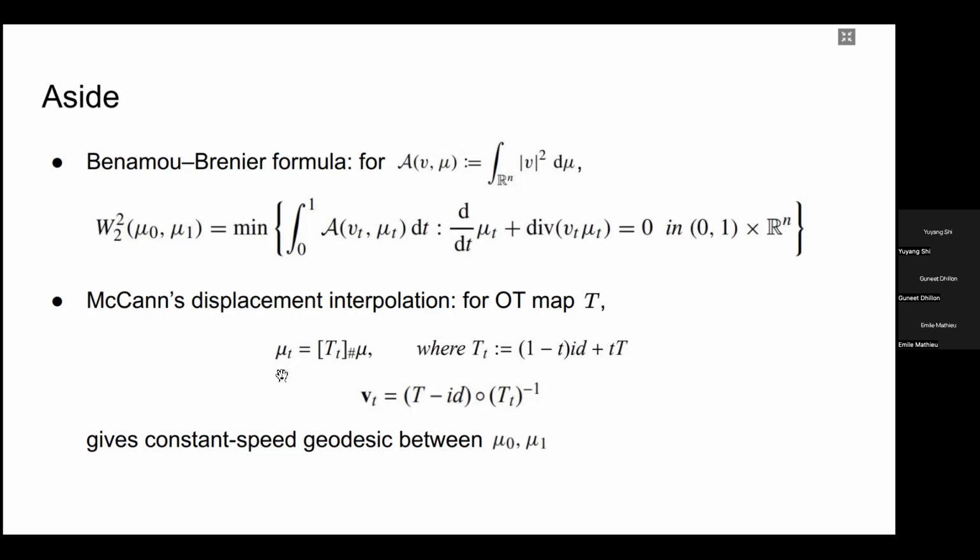So basically this means that this mu_t is just the solution in this minimization. I'm not an expert, so correct me if I'm wrong.